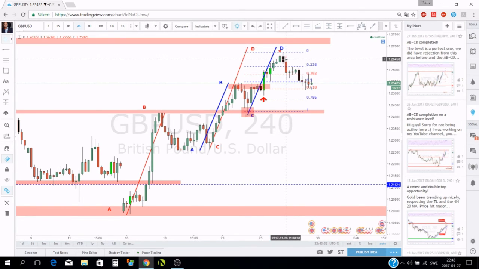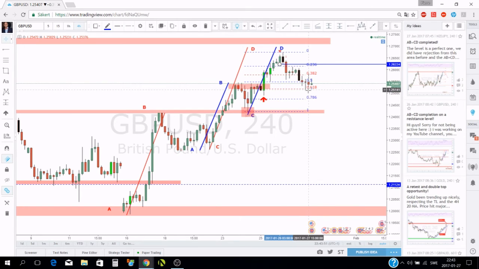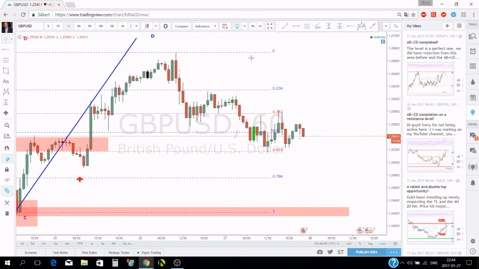So when we got this rejection and engulfing candle, I entered at this candle here, under the lows on this candle, and I let it run until it touched 0.618 Fibonacci. Took profit at that level. It was a very good trade, and it's actually still going a little bit down here again.